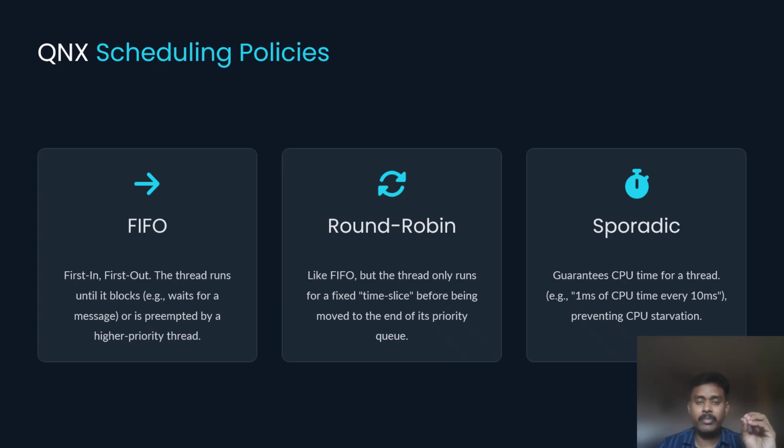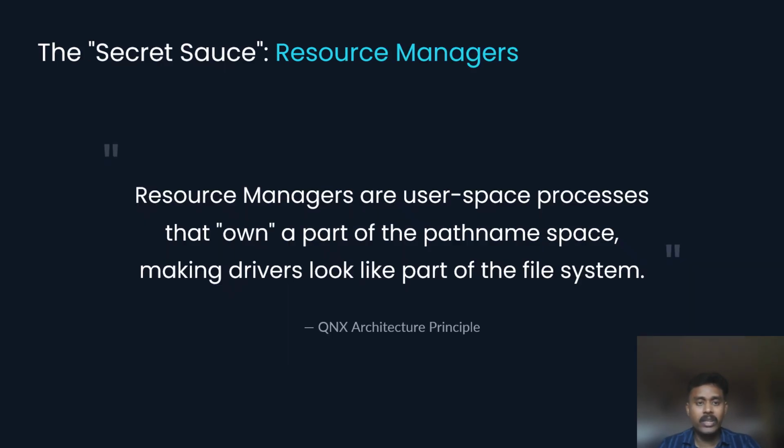To perform that thread activity, the CPU will be given time, and that time comes after every time frame that we fix. The example given is 1 millisecond of CPU time every 10 milliseconds. This is how the sporadic scheduling policy works. It prevents CPU starvation, so a thread will not wait for its turn.